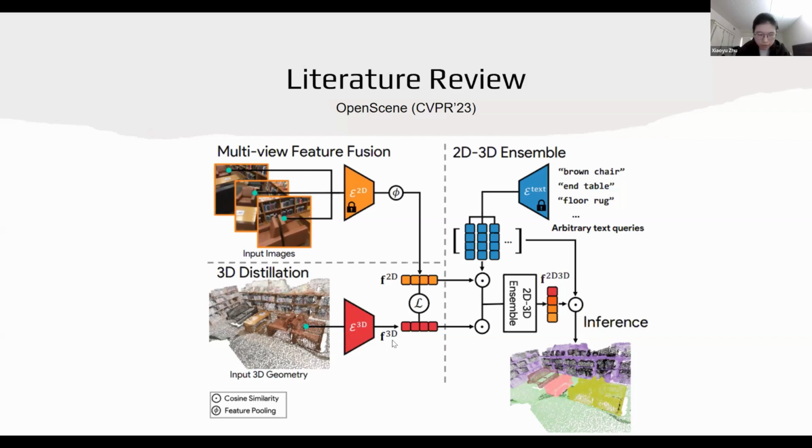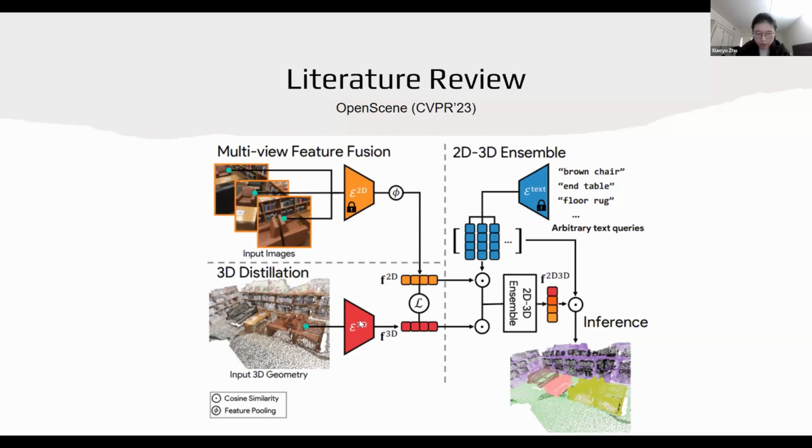As we discussed before, we know the one-to-one correspondence between the pixel and the point, which means we can train a multimodal distillation loss to force the point-level feature representations between the 2D and the 3D to be closer in the feature space.